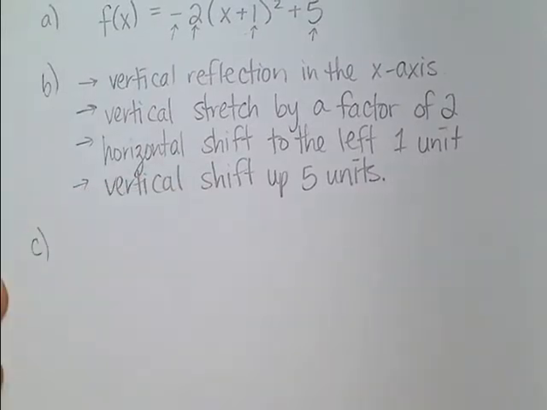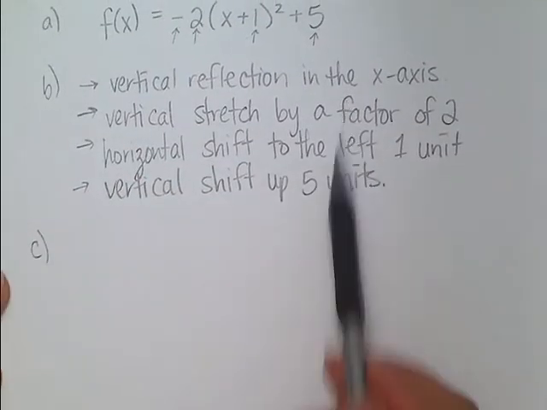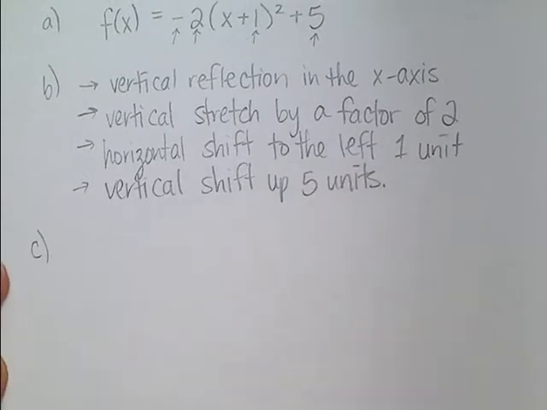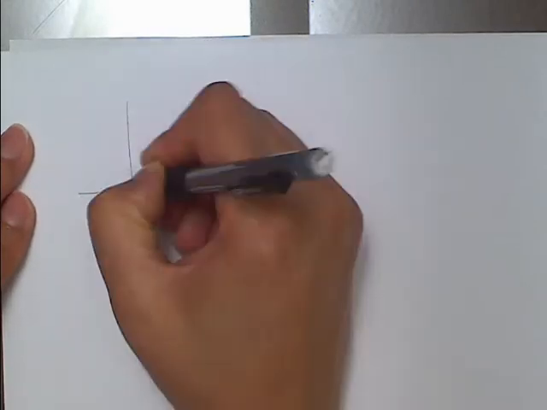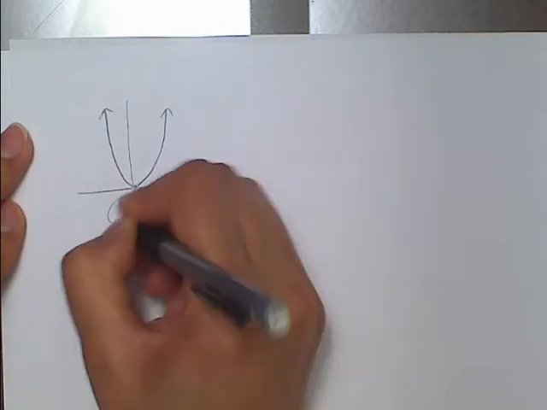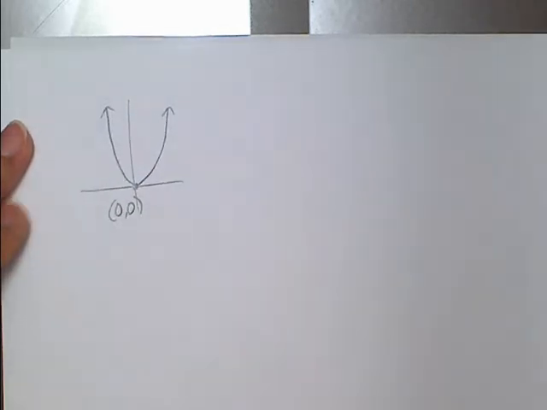So in part C, what you will need to remember are the different transformations that are being applied to the function. You also need to know what the key points are for a quadratic function. So for a quadratic function, if we just do a quick little sketch, remember what the base graph looks like. It's a parabola that opens up, and normally the vertex is at 0 and 0.